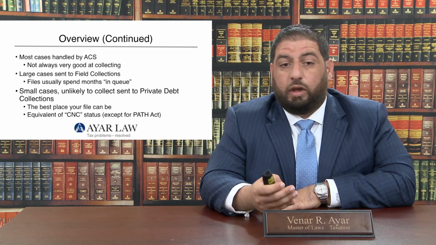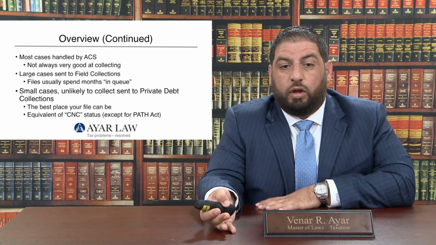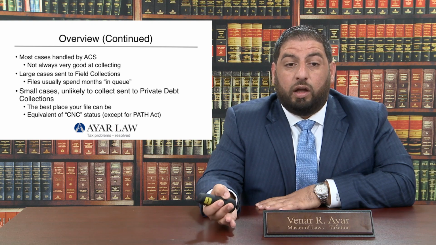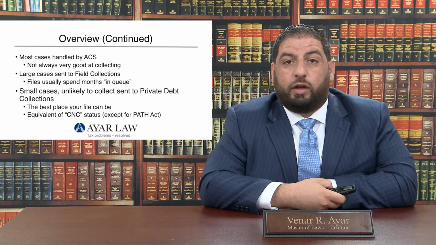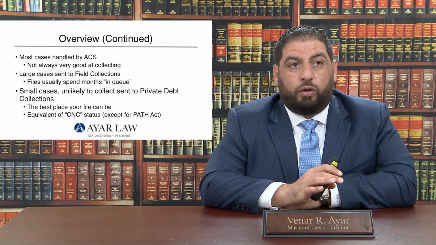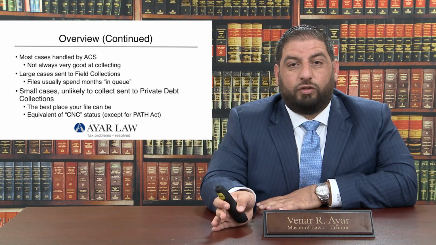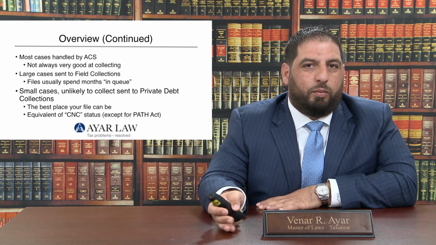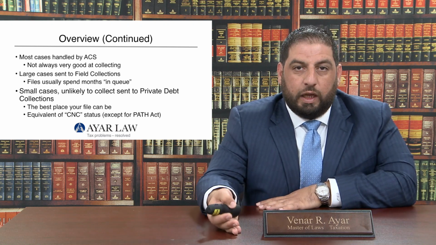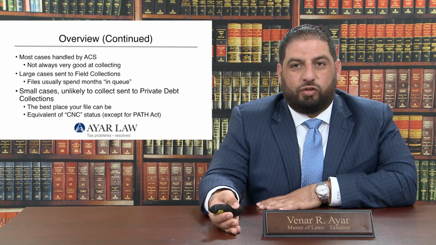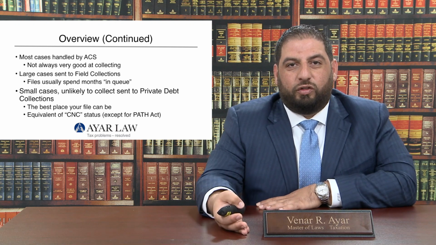Small cases unlikely to be collected on get sent to the private debt collection agencies. That's when they want to put you on the back burner, they'll send your case to the private debt collection agency. That's the best thing that can happen because the savvy taxpayer knows the only power that the debt collectors have is that they can call you and ask you nicely to pay.